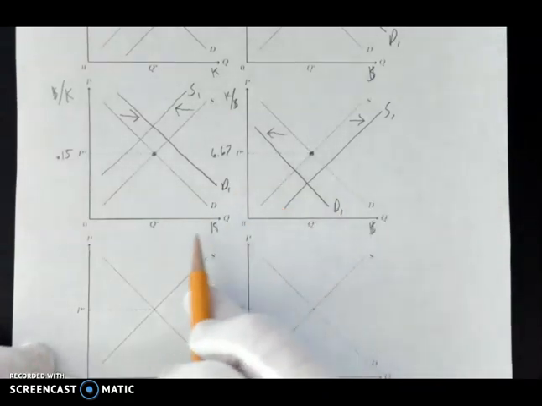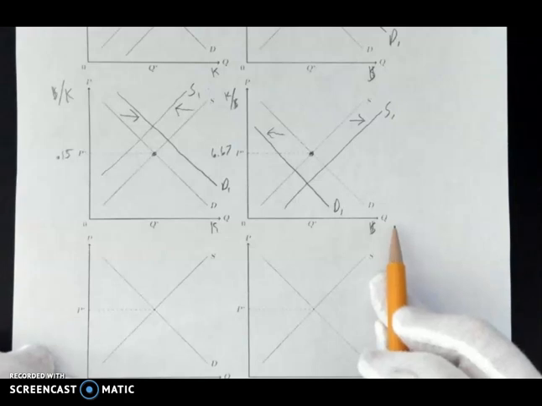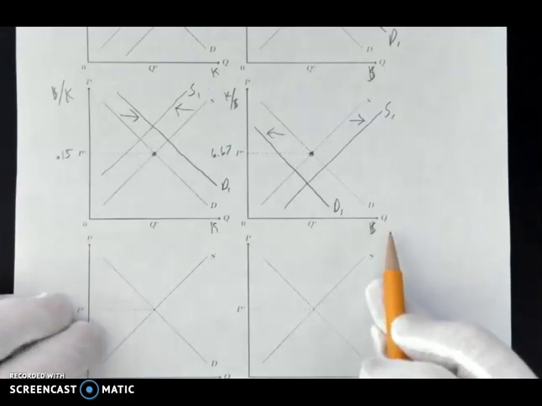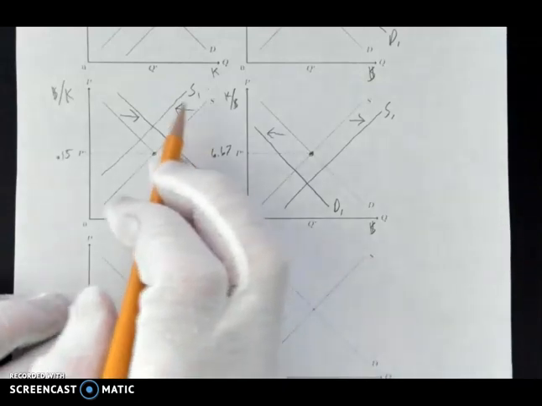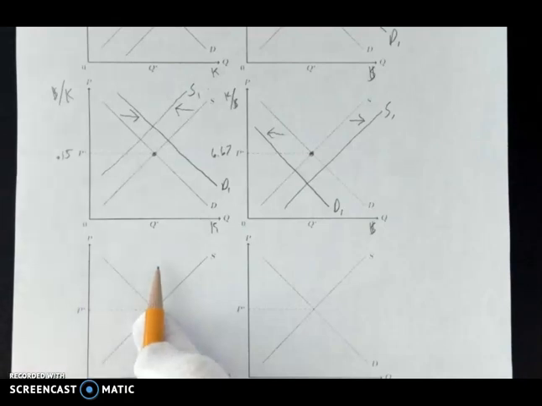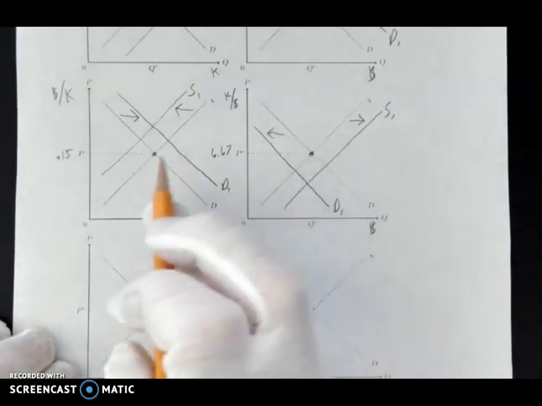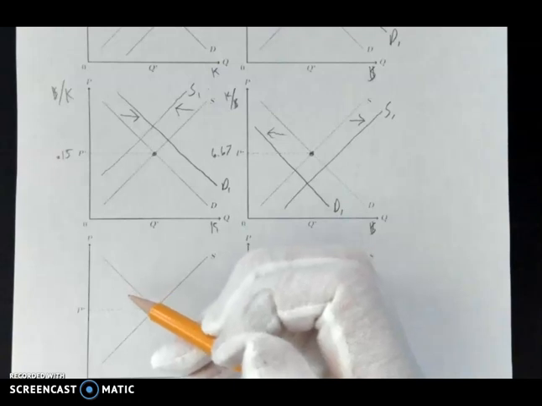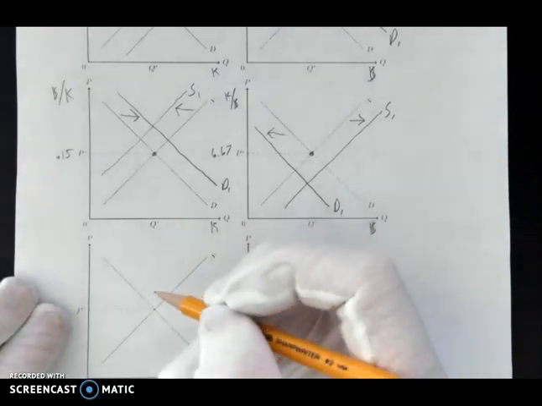Notice that we've now moved all four curves. We've considered the response of the Danes. They supply less Krones to demand less dollars, to buy less stuff in the US, and we've considered the response of Americans. We supply more dollars to demand more Krones to shop more in Denmark because it's cheaper.